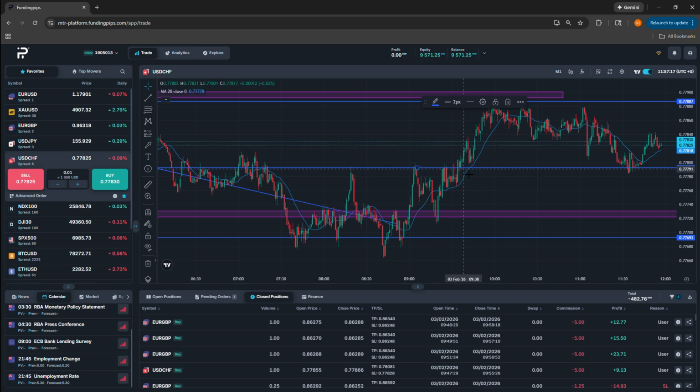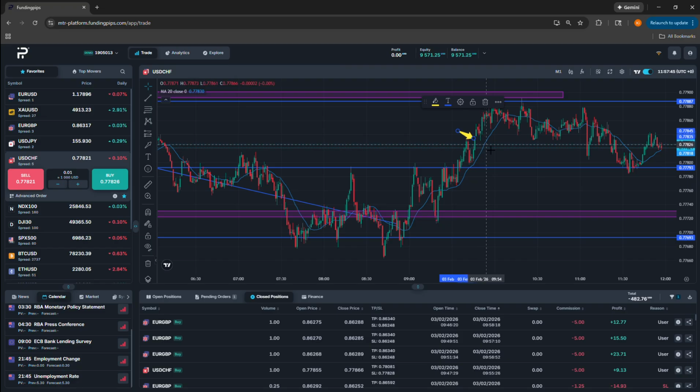So 947.29 would be right here. Yeah, I would have gotten in on this candle right there on a breakout, right? So I would have gotten in right here, okay? And then I got out at 955.26.